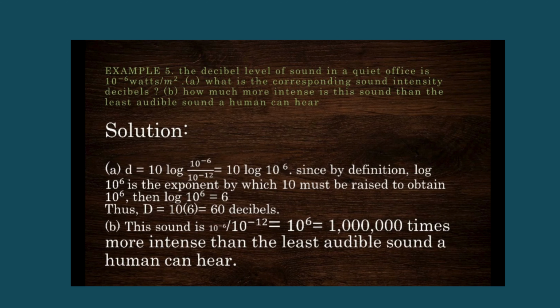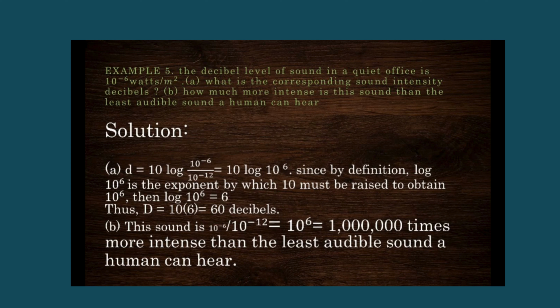So in example 5, the sound intensity of a quiet office is 10 to the power of negative 6 watts per square meter. A. What is the corresponding sound level in decibels? And B. How much more intense is the sound than the faintest sound a human can hear?